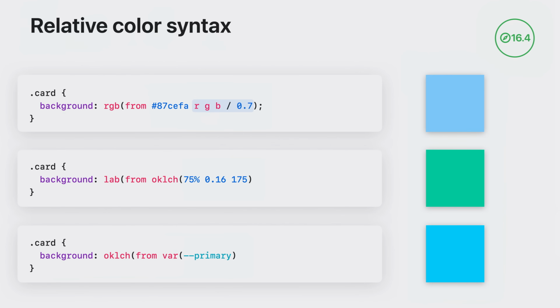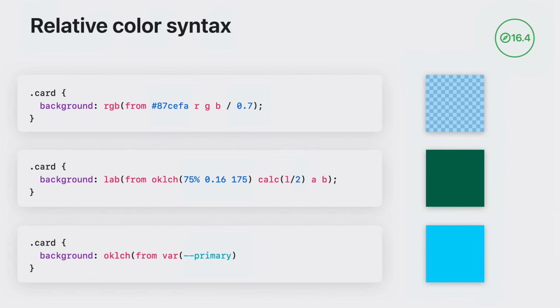In the first example, the R, G, and B channels are left alone, while /0.7 tells the browser to give this color an opacity of 70%. In the second example in Lab, I've told the browser to calculate L divided by 2, which cuts the lightness in half and makes the color darker, while leaving the A and B channels alone.